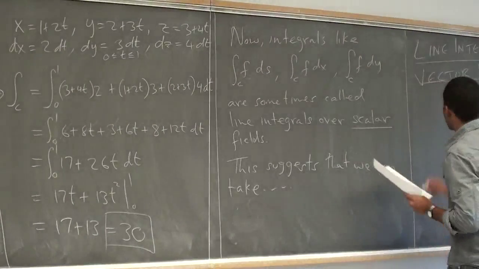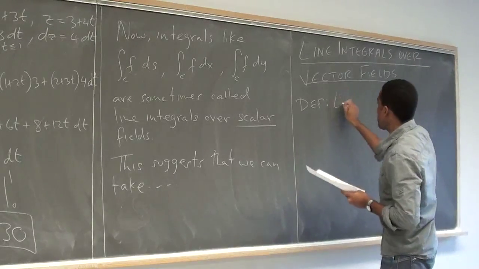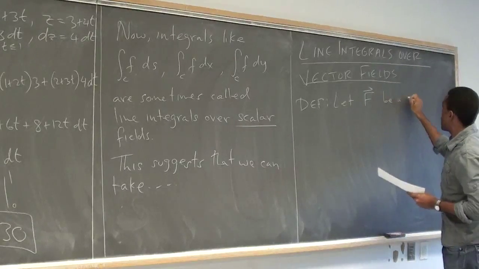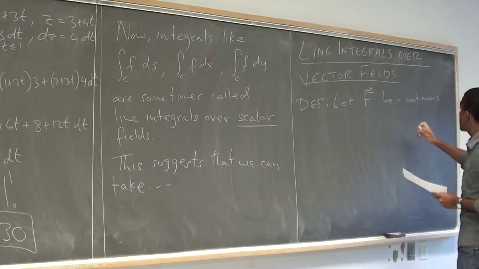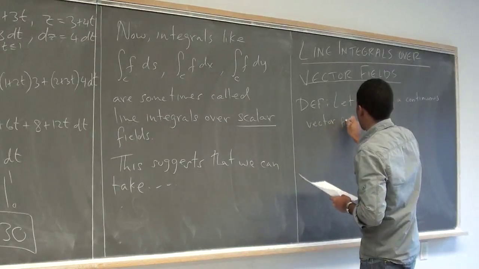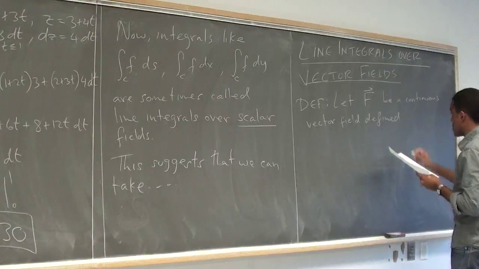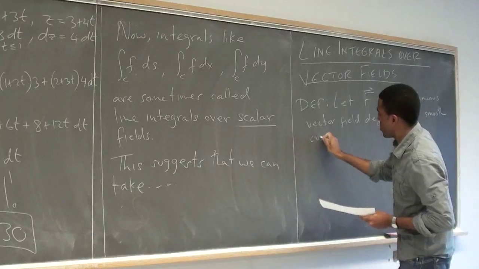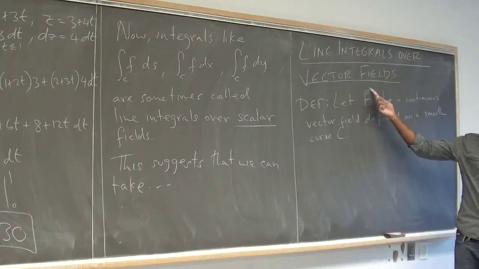So, just to make a definition. Let F be a continuous vector field. This is all in 13.2, right? Yes, we're still in 13.2. So remember, when we're talking about vector fields, I always draw the arrow over it.